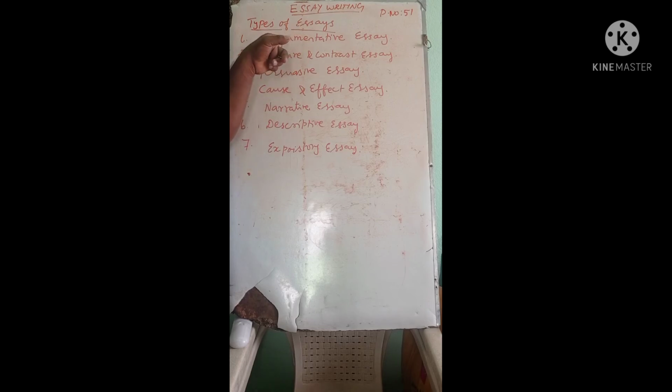For that he has to give some proofs, additional proofs. Clear? To give justification for his essay, he has to give some proofs, so that the reader accepts his points. That is what an argumentative essay is.